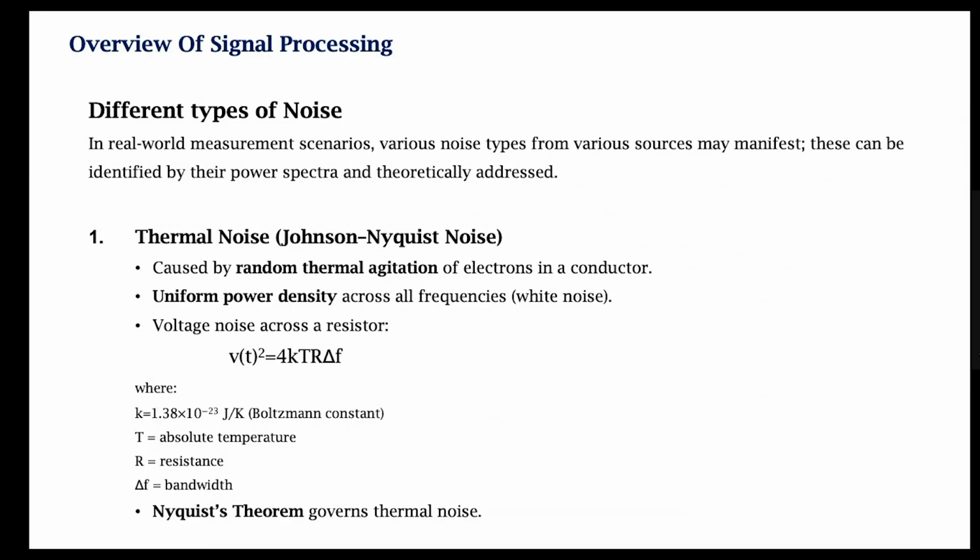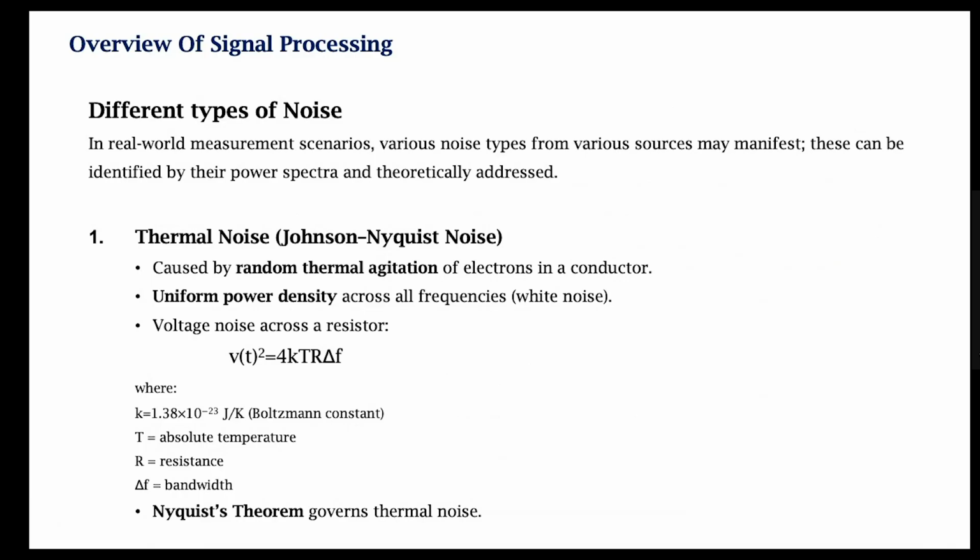If we can describe what the spectrum of this noise is, then it may be possible for me to filter them out, but not always. In some cases, it may be possible. For example, thermal noise, also called Johnson-Nyquist noise, is caused by random thermal agitation of electrons in a conducting system.